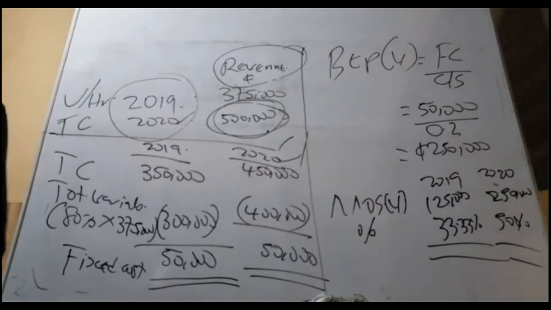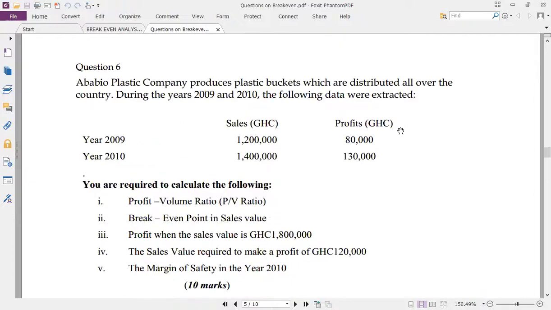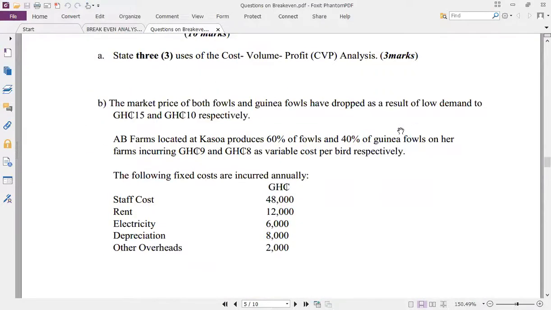So we'll end here. But let me give some trial work. You are going to solve question 3B, which is similar to what we've done. May 2012, question 5B.